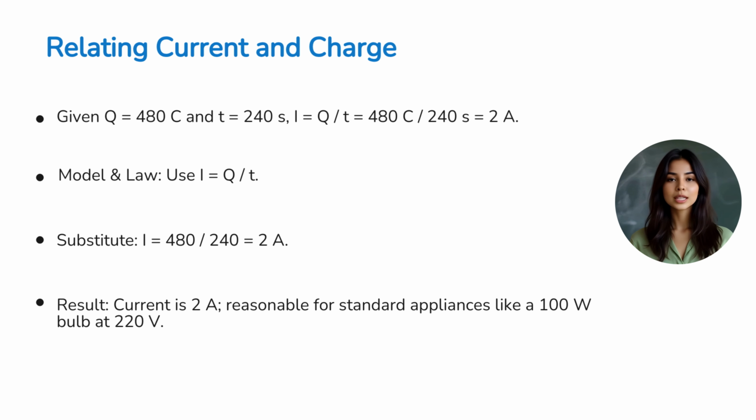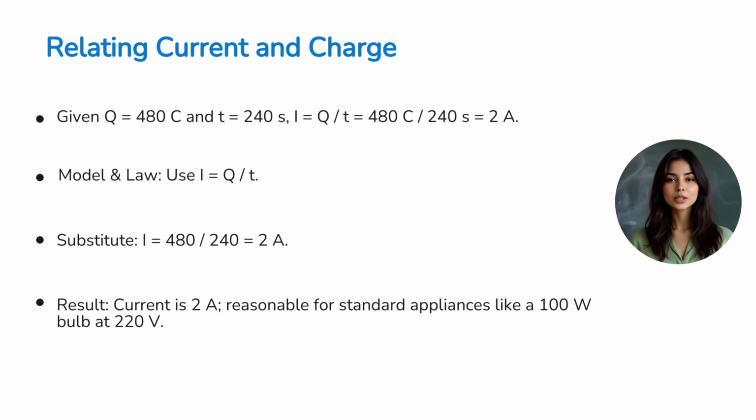Let's solve a quick example to get comfortable with these ideas. Suppose a total charge of 480 coulombs passes through a wire in 4 minutes. To find the current, first convert 4 minutes into seconds, that's 4 times 60 or 240 seconds.